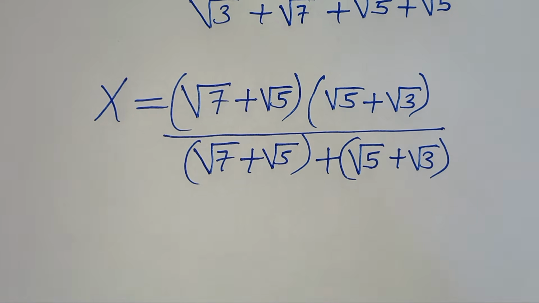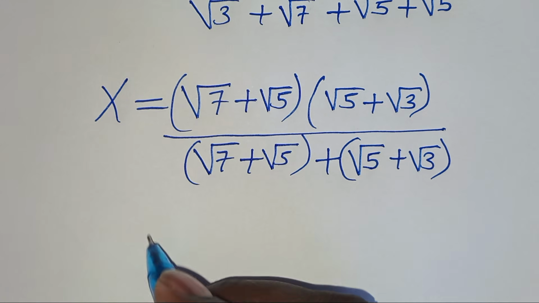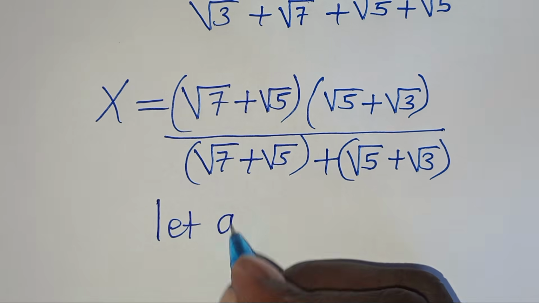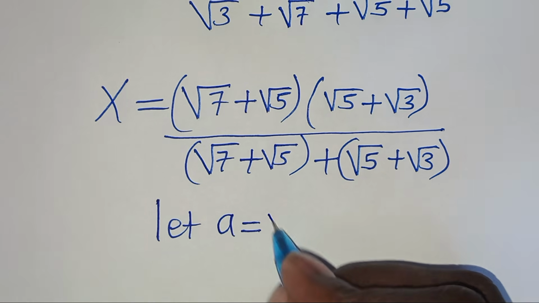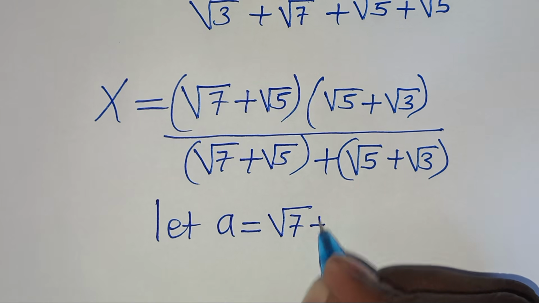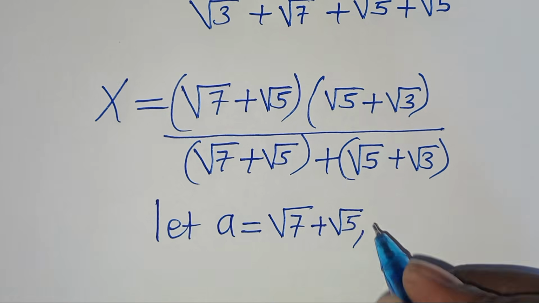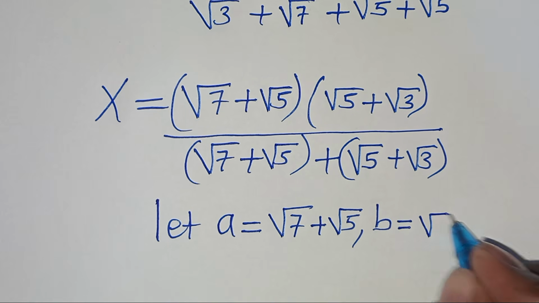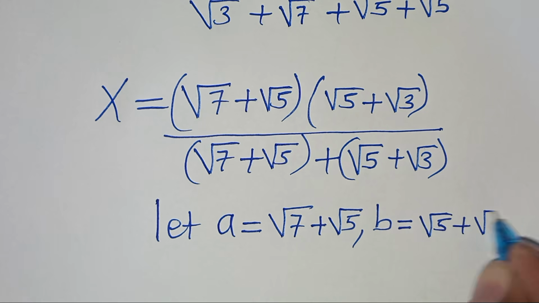Now, the next step is that from here, we can let a be equal to the square root of 7 plus the square root of 5, and we can let b be equal to the square root of 5 plus the square root of 3.